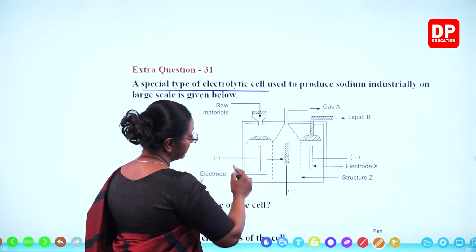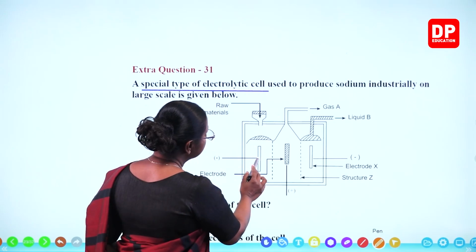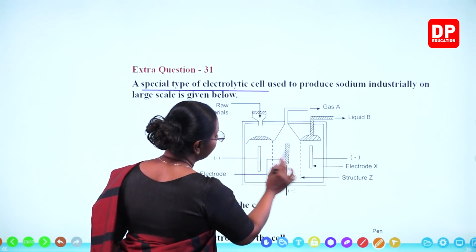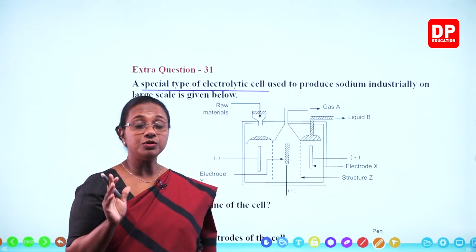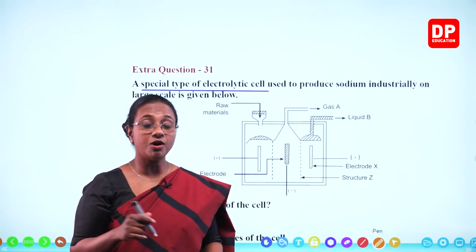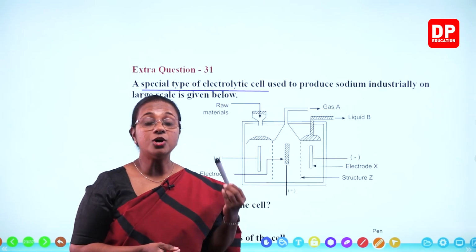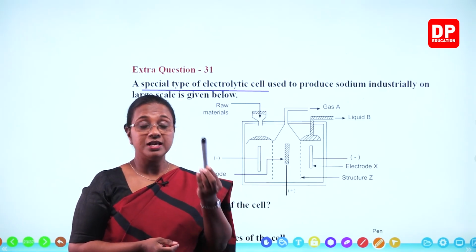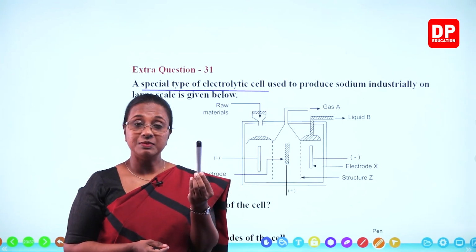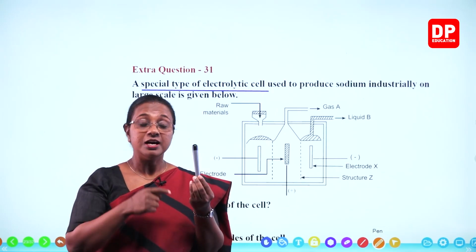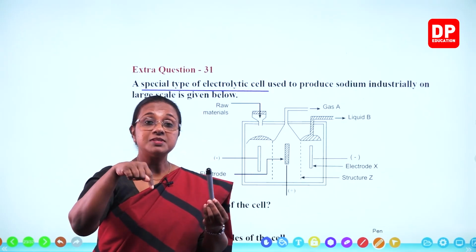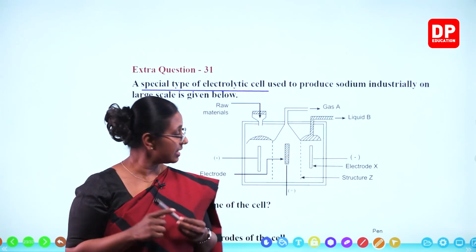Then here you can see students, there are two negative electrodes marked, but you all know, I have explained this to you, the positive electrode is where the oxidation happens. The anode is like a rod in the middle, that is the graphite anode. Around that you get a circular perforated steel diaphragm.